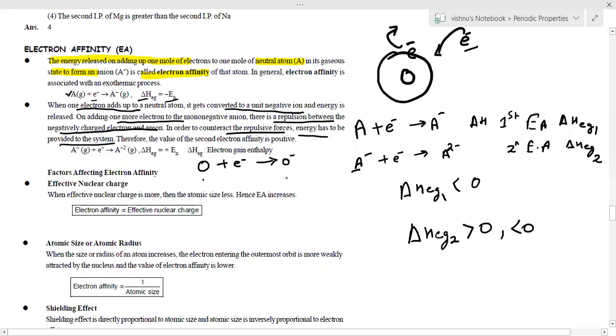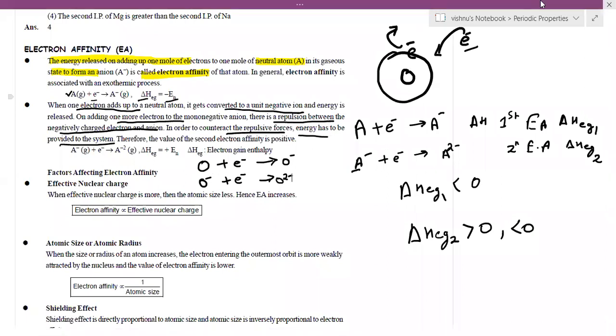But when O minus gains one more electron to form O2 minus, delta H may be negative or positive. Why does this happen? Now this O minus is a negative charge ion and this electron is also negative charge. So if it is approaching this O minus, there will be repulsion, and in order to overcome that repulsion, the energy is added.